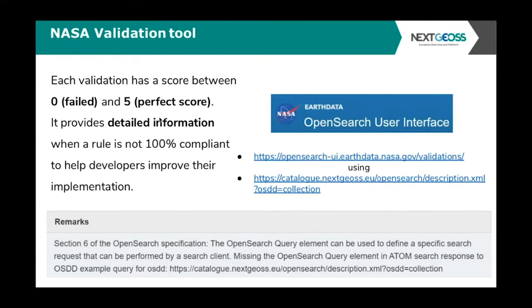On the bottom of this slide, I have an example of a failed validation, and it gives you specific information on where you can find more information on how to solve this.